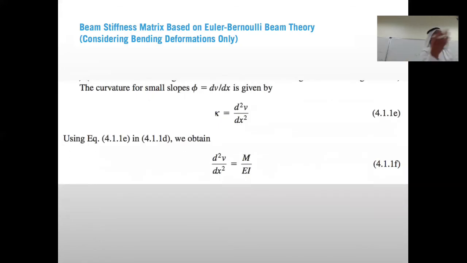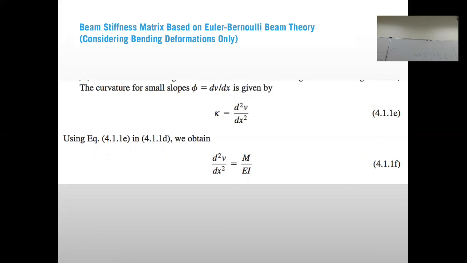Why are we doing all of this? We are doing all of this so that when we find the primary unknown, we can find the secondary unknown. The primary unknown is the deflection. Rotation is a secondary unknown, but we will consider phi here as the slope, because if this is V1, this is dV1 dx, and if this is V2, this is dV2 dx.